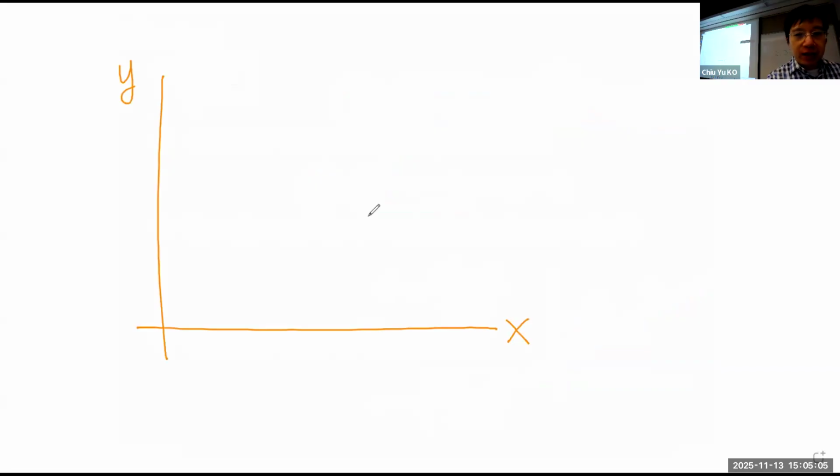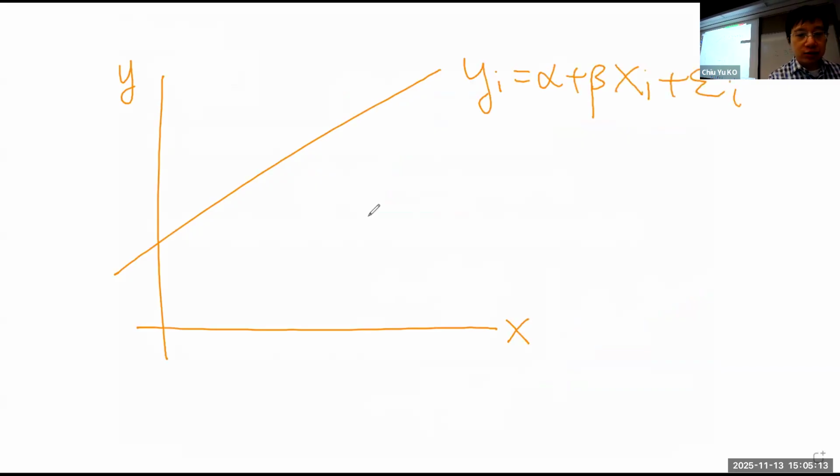Let me draw this. If you believe that the data is coming from yi equal to alpha plus beta xi plus epsilon, so this is alpha, the slope is beta.